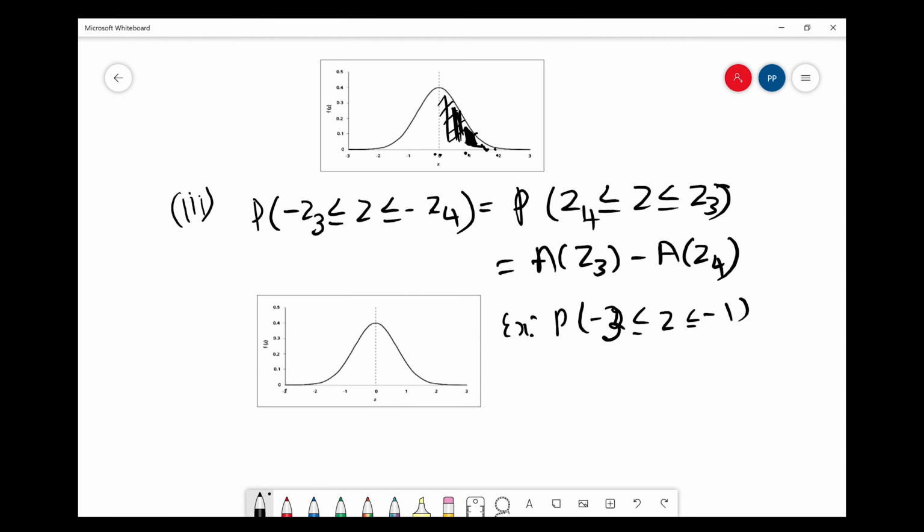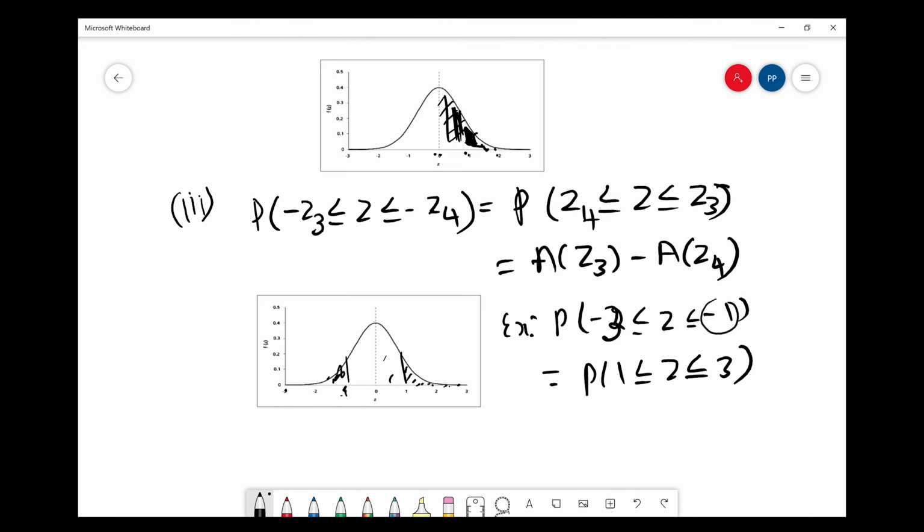That is from here to here. This area is the same as this area, since the curve is symmetric, 1 to 3. Therefore, we can write this as the probability from 1 less than or equal to z less than or equal to 3. That is, this area from minus 3 to minus 1 equals 1 to 3. Now, you can easily use the result A of 3 minus A of 1, that is, the complete area minus this area you have to cut off.